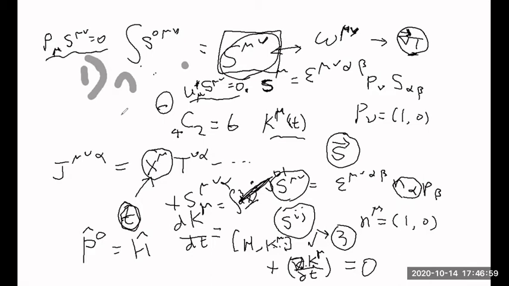Fourier transform S-mu nu to the momentum space. Okay. This is essentially like d mu S-mu nu equal to 0. I'm not sure if I follow what you mean. Do such a transformation, but not this S-mu nu transformed one.